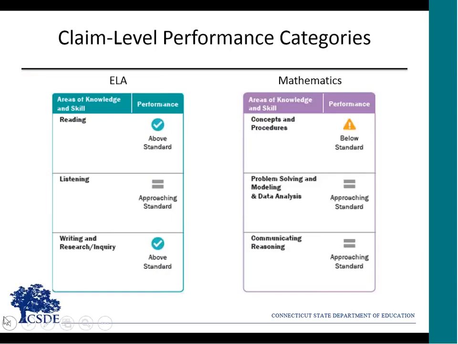For each claim, students are assigned to one of 3 performance categories: below standard, approaching standard, or above standard. To determine these performance categories, the first step in the psychometric process is to identify the subset of test items that are related to that particular claim that were taken by the student. Using that subset of items, a student's claim level scale score and claim level standard error of measurement are calculated.